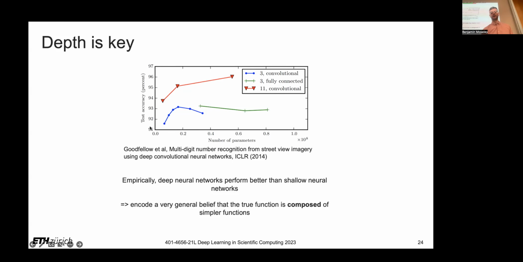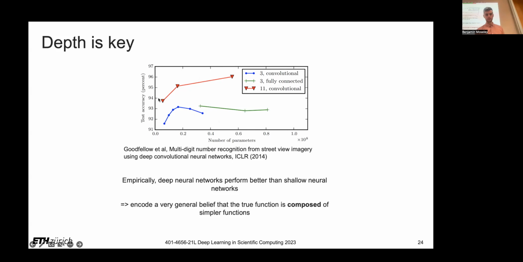So for example, you can plot here a convolutional network with 3 layers, and you can compare it to the same network with 11 layers. This is trained on classification of digits from Street View imagery.